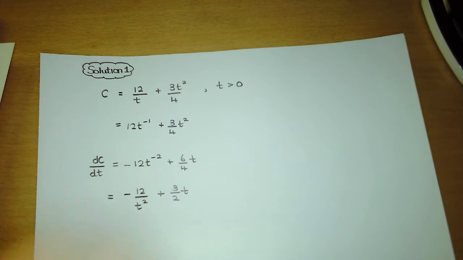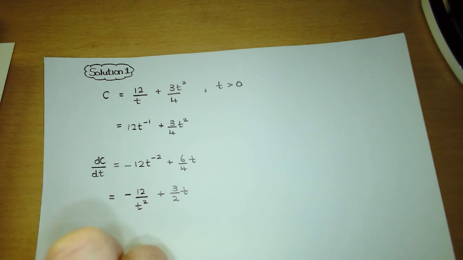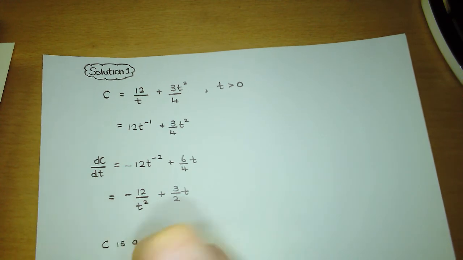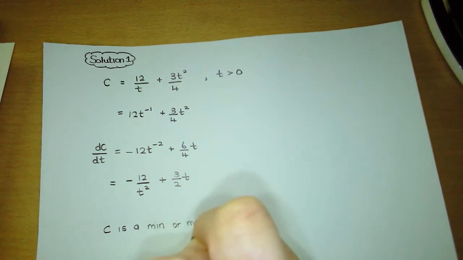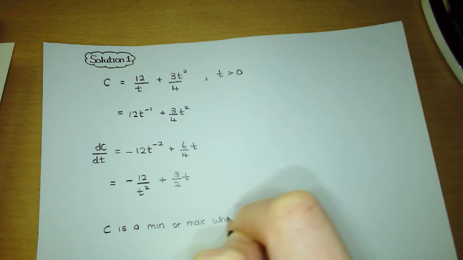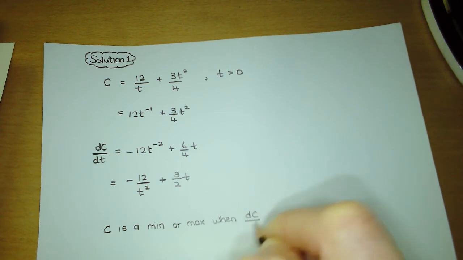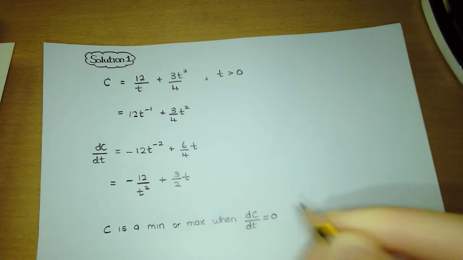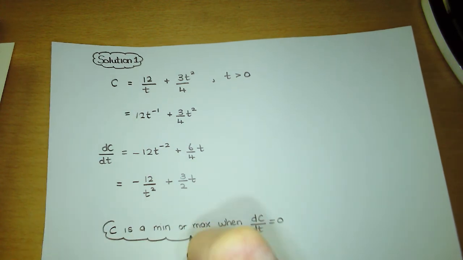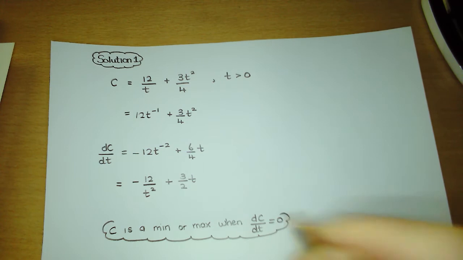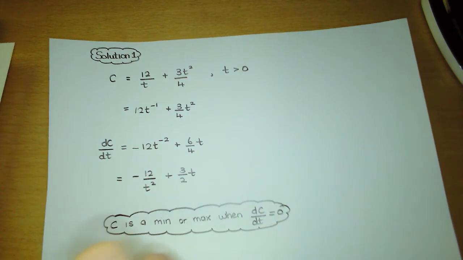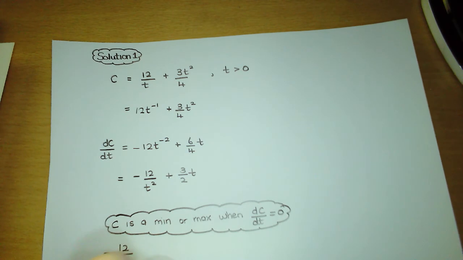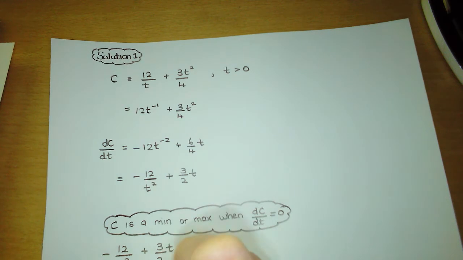So c is a minimum or maximum when dc by dt is equal to 0 at the turning point. So we now have minus 12 over t squared plus 3/2t is equal to 0.